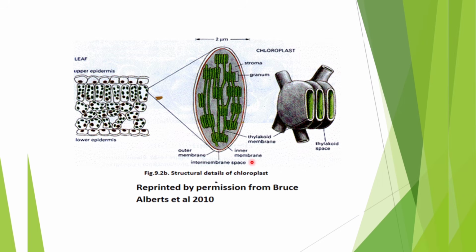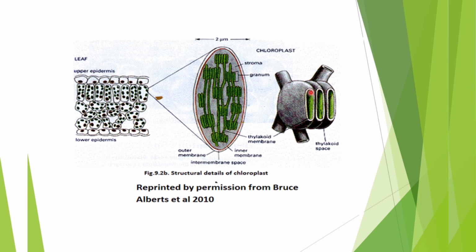In addition to this, you will find here the granum structure, where this is the space which is called the thylakoid space, and these are one thylakoid, another, and then this is the granum together.